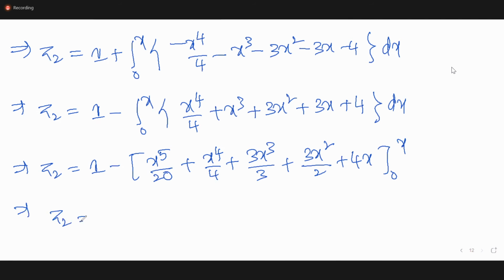So Z2 is equal to 1 minus x power 5 by 20 minus x power 4 by 4 minus x cube minus 3x square by 2 minus 4x.